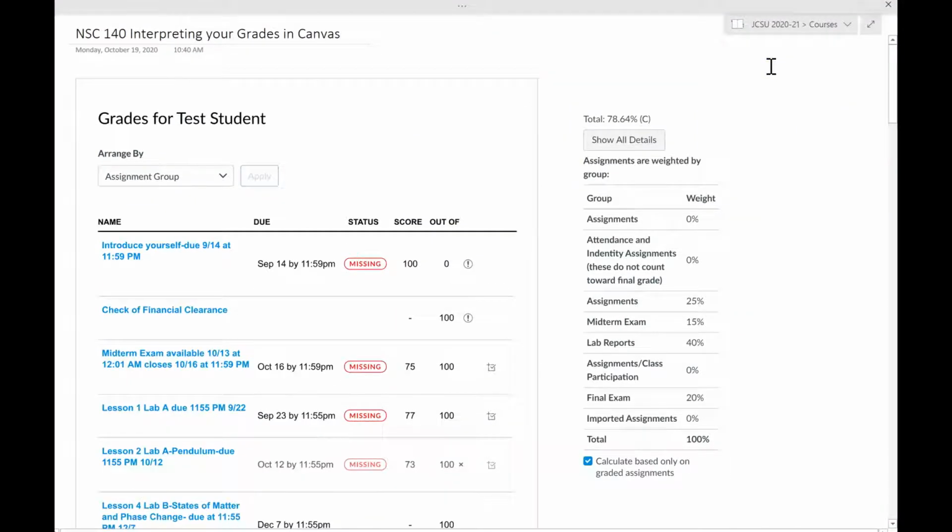So again, one thing that you're going to see is that they sort the groups here, but they don't tell you what the groups are, which is a little strange. These two here are attendance and identity things that don't matter. Here's midterm exam, which comes into there. Labs start here, and they're pretty well labeled as labs.